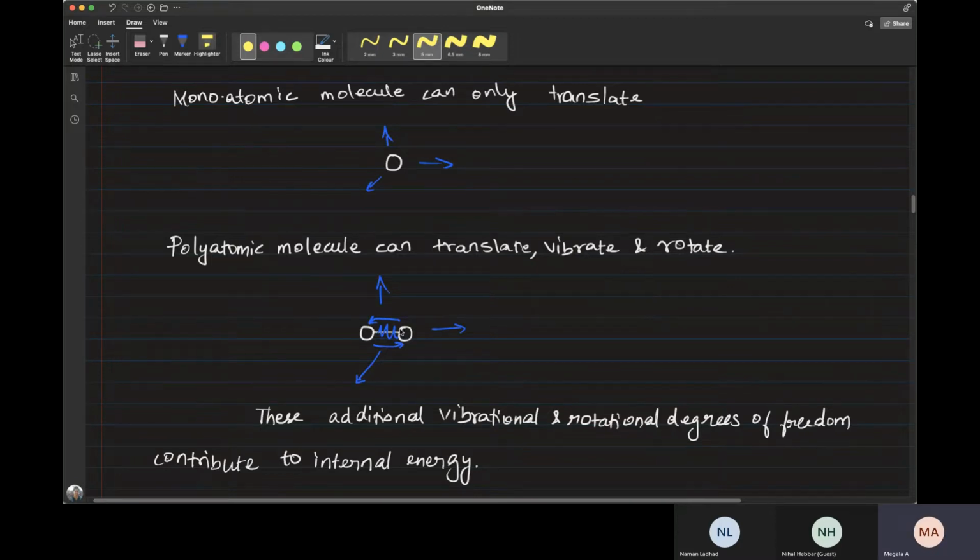To represent this, I have only considered a diatomic molecule, which is a special case of a polyatomic molecule. This diatomic molecule can translate in X, Y, and Z directions, and it can vibrate. That is, the atoms can either come closer towards each other or go farther away from each other. So this bond can pull them closer or farther. This is vibration. Rotation is when together they rotate.